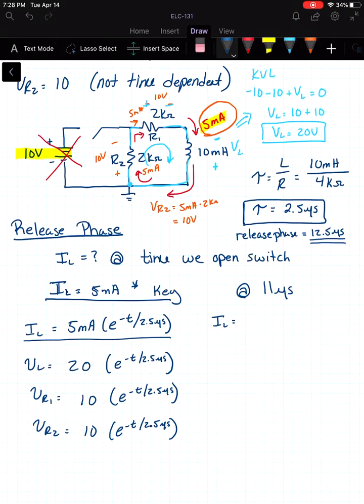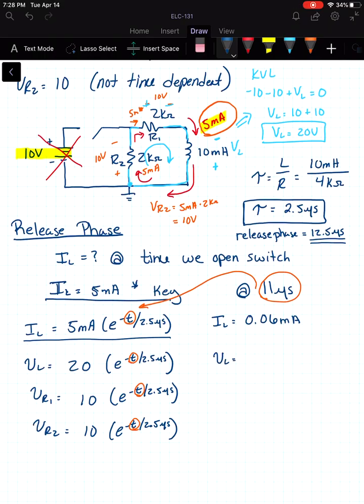So for I sub L, we're going to take that 11 microseconds and we're going to substitute it into our equation for T in each of these equations. Okay, so I sub L, 5 milliamps times e to the minus 11 over 2.5 means that we'd have about 0.06 milliamps.